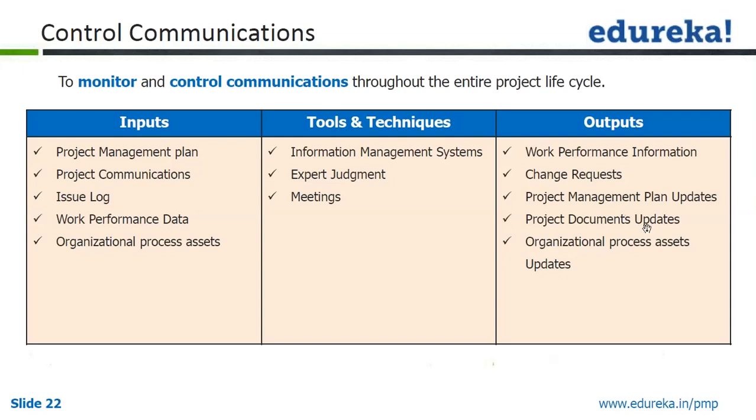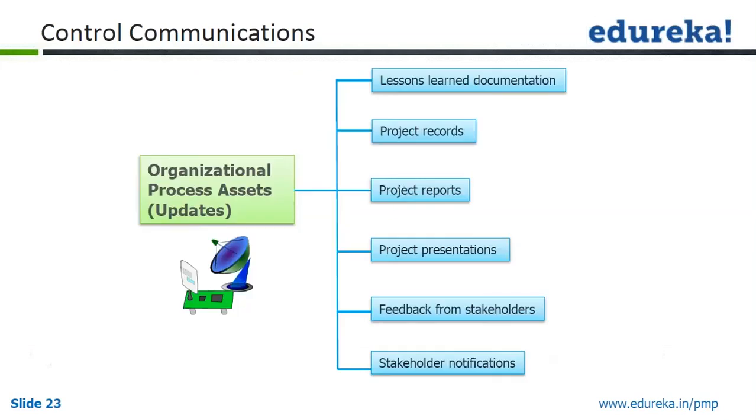And there are project management plan updates anyway, the project communication management plan update, then project document updates. So the issue log will be updated as per whatever tools and techniques you have used and whatever output you got as a part of the change request or work performance information. Those updates, whether an issue is resolved or not resolved, will happen. So that quickly concludes control communication.